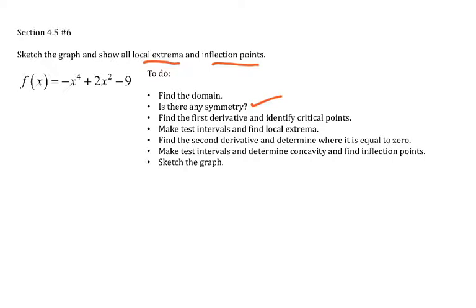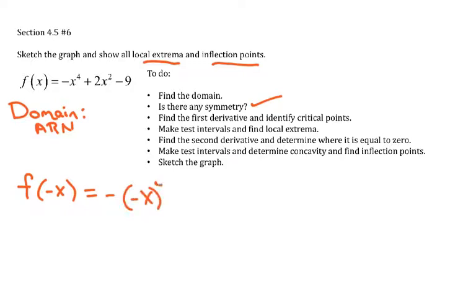So first, let's talk about the domain. Of course, this is a polynomial. So my domain is all real numbers. And let's talk about symmetry. This function, if you plug in negative x to this function, what happens? Well, I'm just working it out to see.